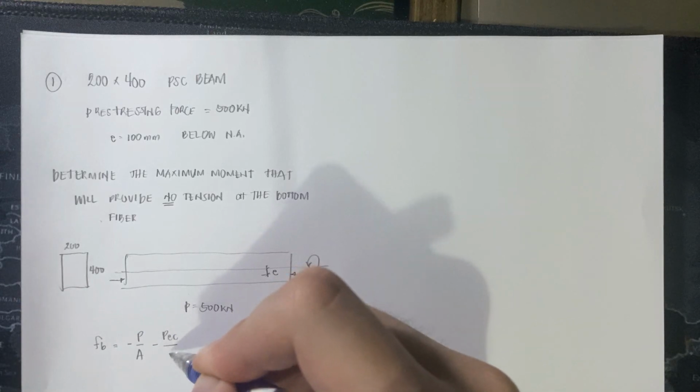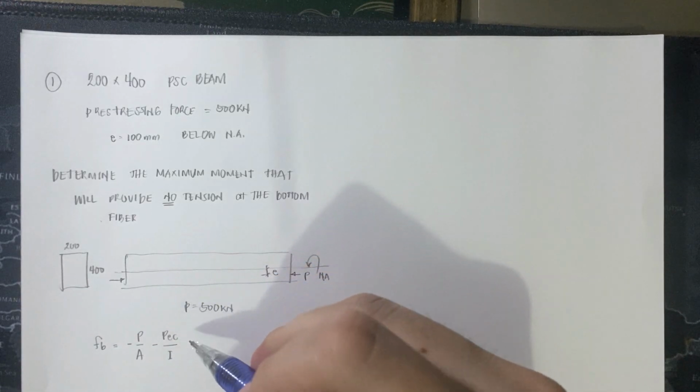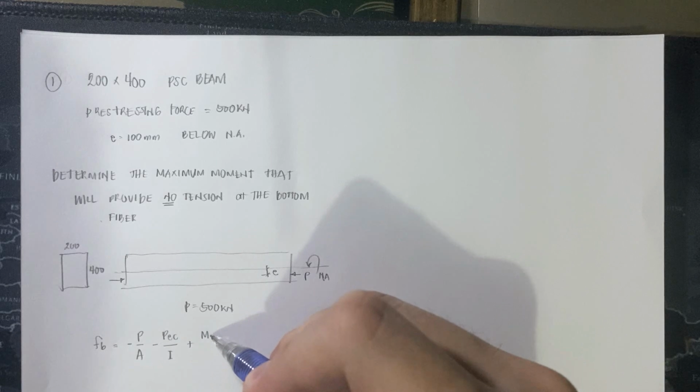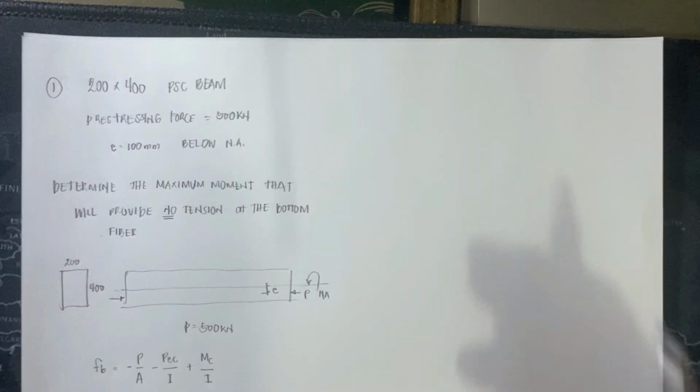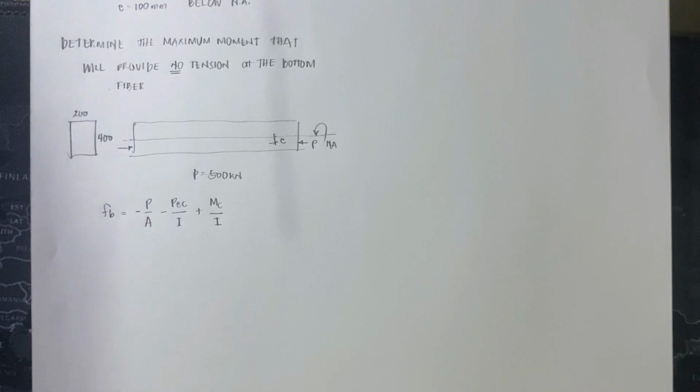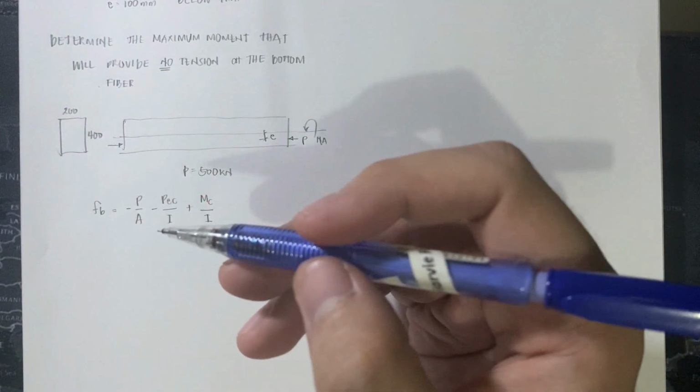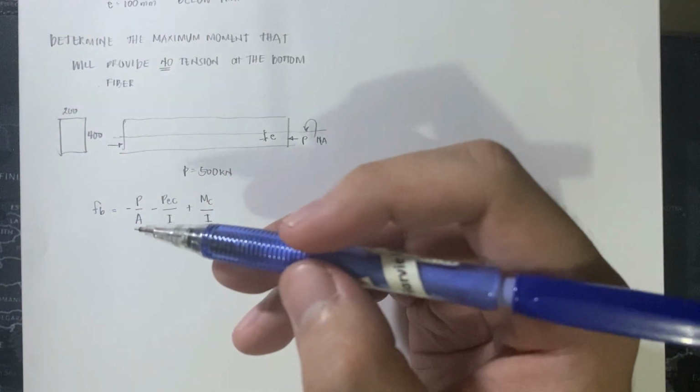Based on our figure earlier, in our illustrations, of course our axial stress is always negative, so negative P over A. And then the flexural stress due to the pre-stressing tendons at our bottom fiber would be compression, so also negative. And the flexural stress due to the applied force is positive, because we have tension at the bottom.